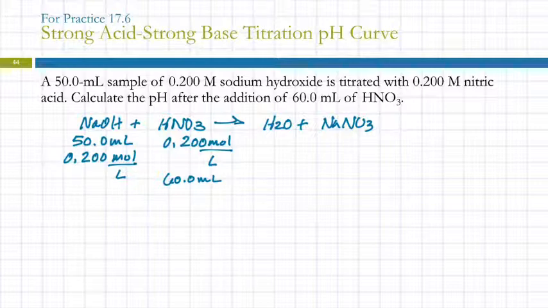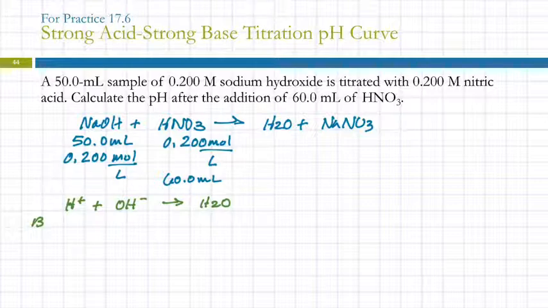So I'm going to make a BA table. I literally just made that up on Tuesday. I'm kind of liking it. So I have hydrogen ion and hydroxide ion reacting. Before the addition, what I've got in the flask is sodium hydroxide, and I'm adding nitric acid.